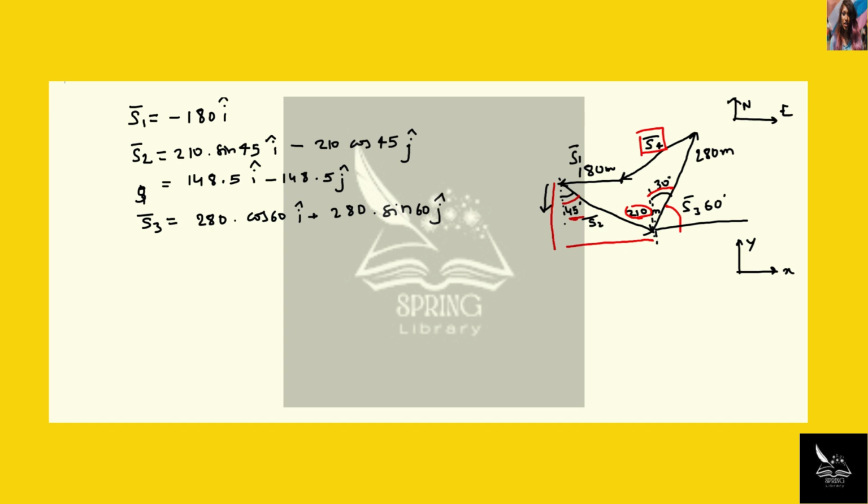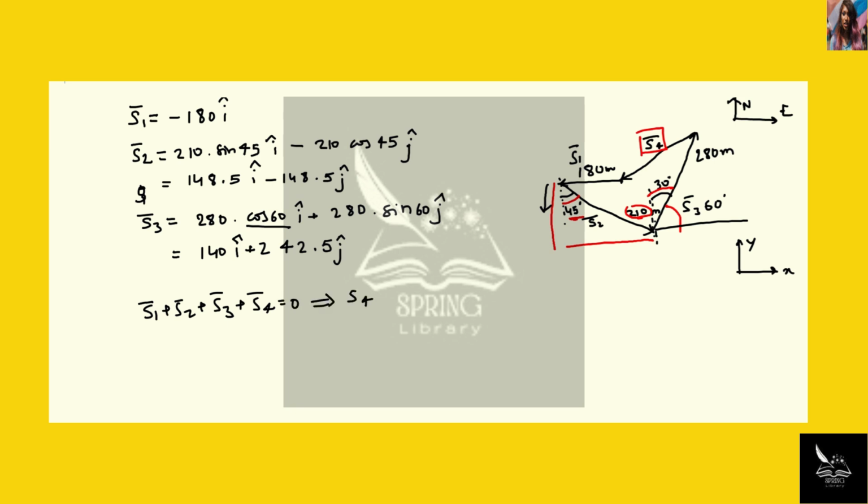As usual, this turns out to be 140 i cap, obviously because cos 60 is half, plus 242.5 j cap.